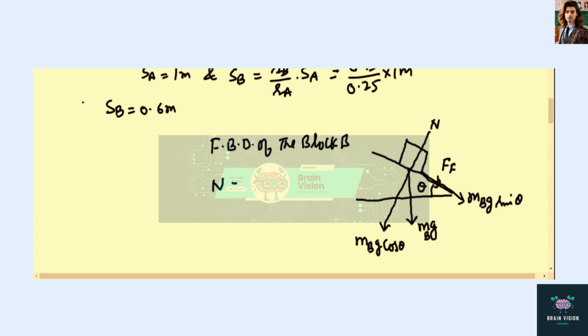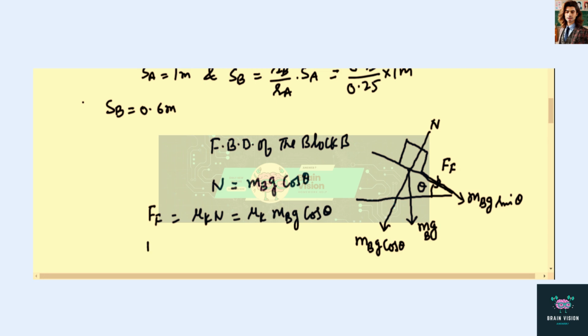So from here you will get normal reaction to be mBg cos theta. So force of friction we will calculate: mu k into N, that is mu k mBg cos of theta.